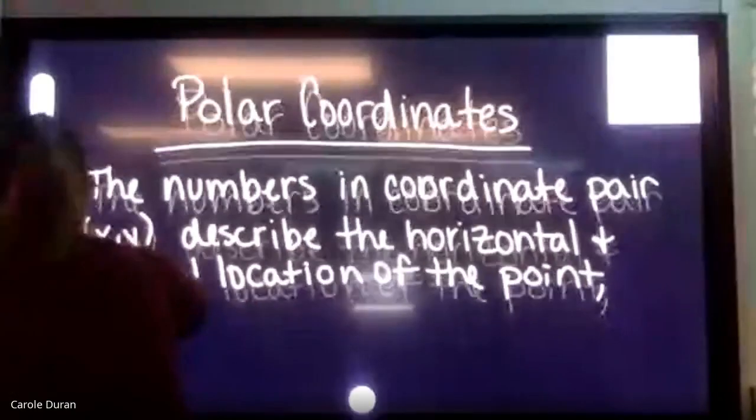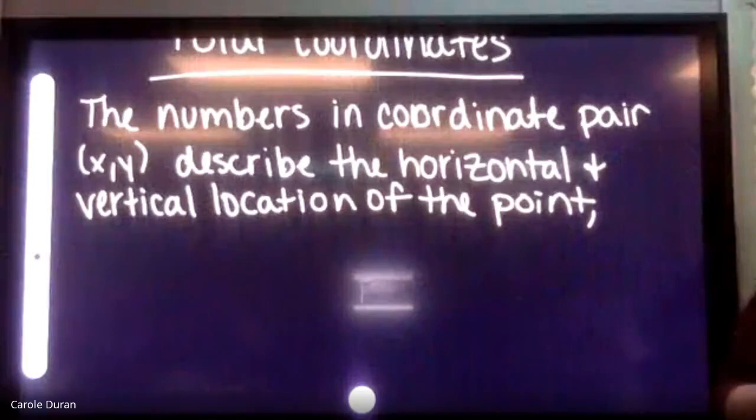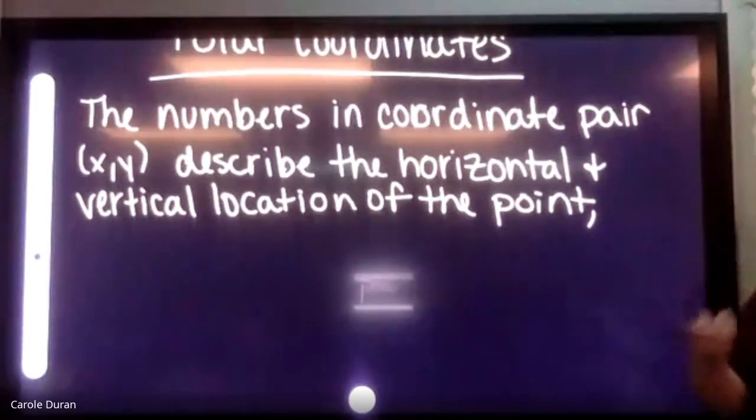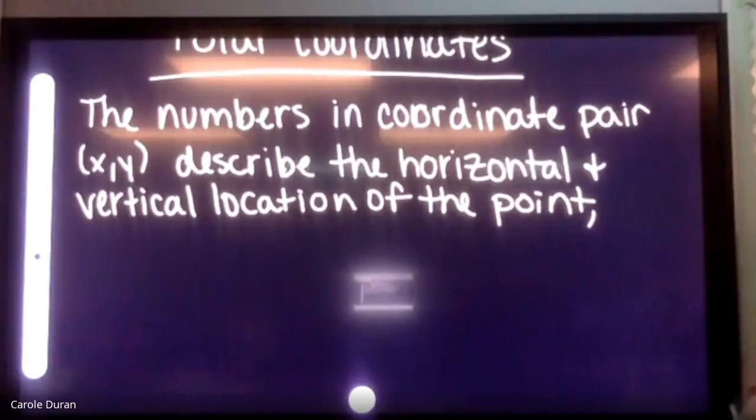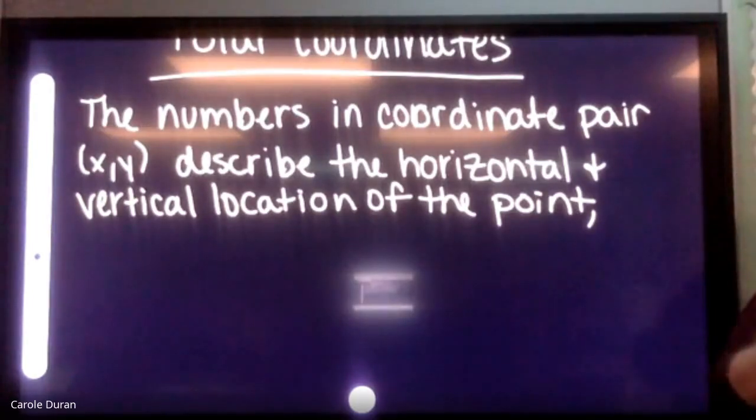Okay, so that's just information. That's something that we've already been dealing with. We maybe just didn't look at it in this aspect. So every point that we have plotted thus far has been a rectangular point because it is point xy that is describing the horizontal and vertical location from the origin.